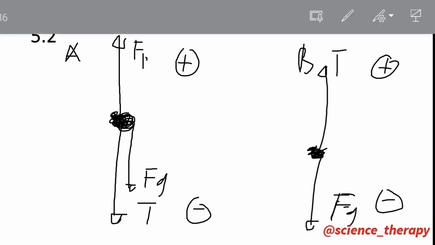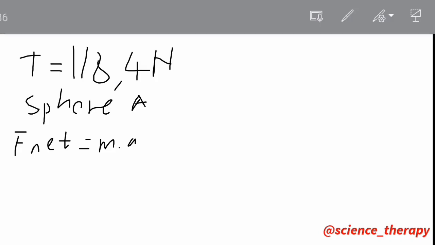We are saying that the positive direction only has the force of P, and the negative direction has Fg and tension, right? So now we go force of P minus the tension and minus the Fg is equal to mass times acceleration.